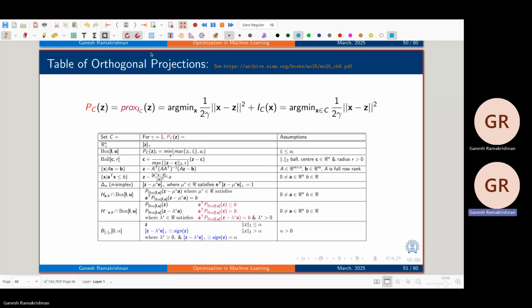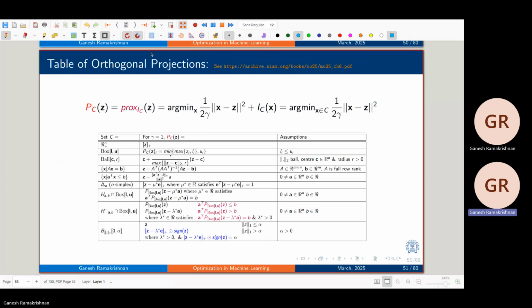If any component of z is less than 0, clip it to 0. If it is greater than 0, leave it as it is. Box[L,U]. What is box[L,U]? The constraint says the component cannot be less than L and cannot be greater than U. Very intuitive projection. It's just taking the min of the max. You remember the min of the max thing?